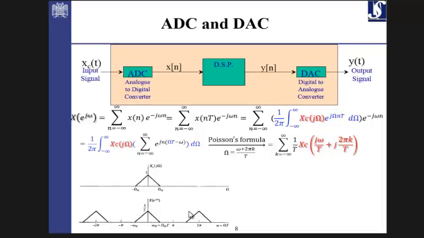If you just write down the mathematical form of the series, you have the sum of x of n e to the power of minus j omega n. Considering the sampling time that is actually happening inside the A to D, and changing back x of n as x of nT, what was originally happening, then you can use the synthesis form of the CTFT.